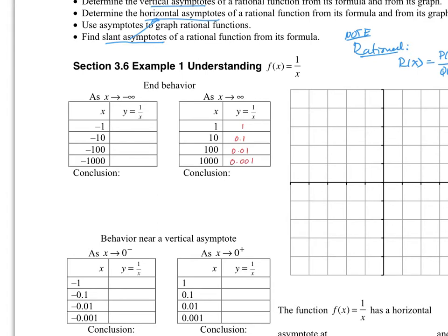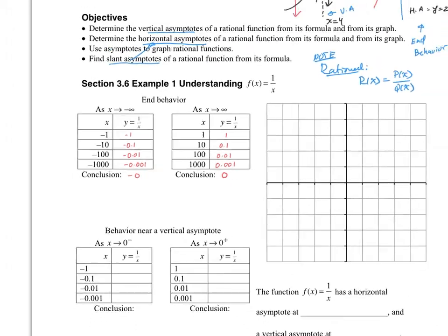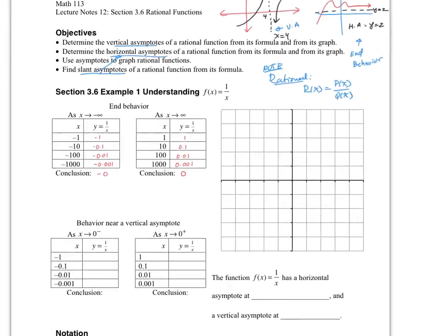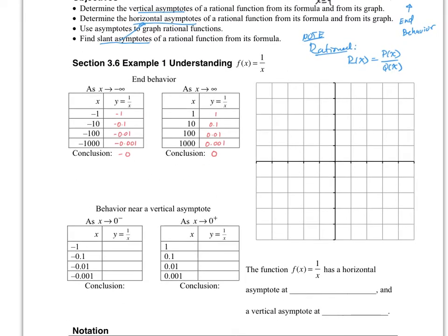So you can clearly see that as x goes to infinity, this will go to 0. The same thing will happen here. This will be minus 1, minus 0.1, minus 0.01, minus 0.001, and therefore clearly this goes to 0. So as x gets bigger and bigger, the value for y is going to 0. So this means that the horizontal asymptote is going to be y equals 0.